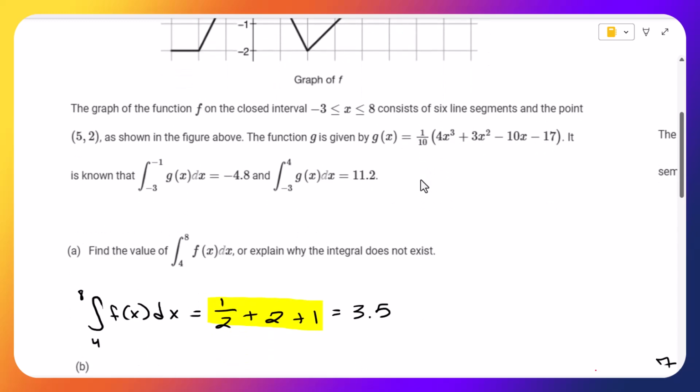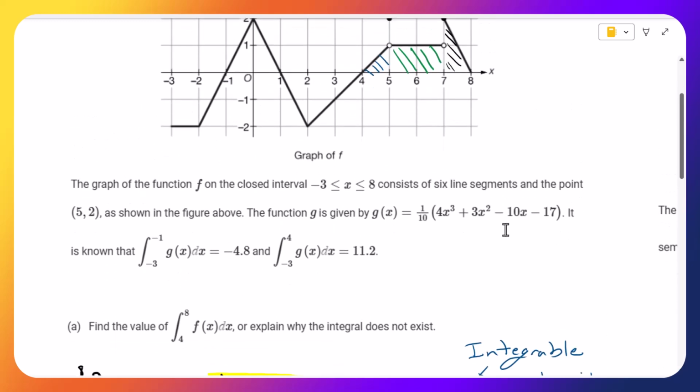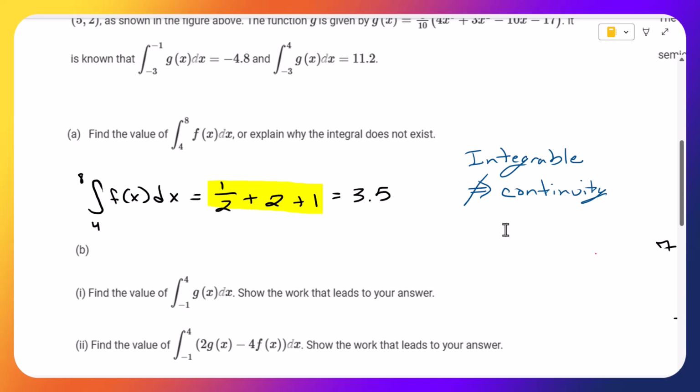This is important to note that integrable does not imply continuity, similarly to how continuity does not imply differentiability. Differentiability implies continuity, but if something is integrable, it does not mean it's continuous. Okay, and there's a point there.